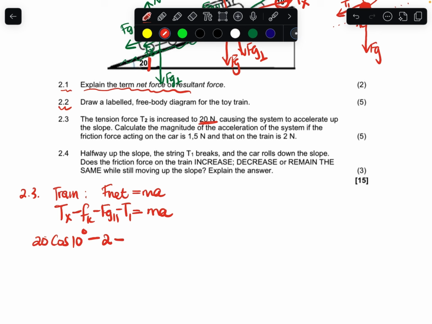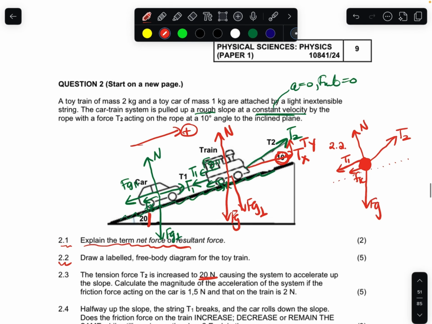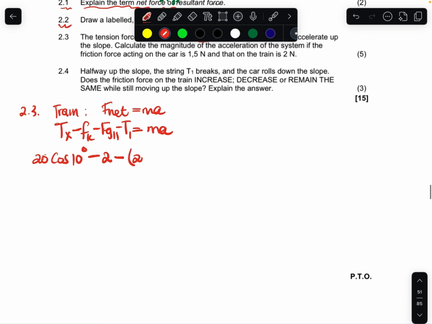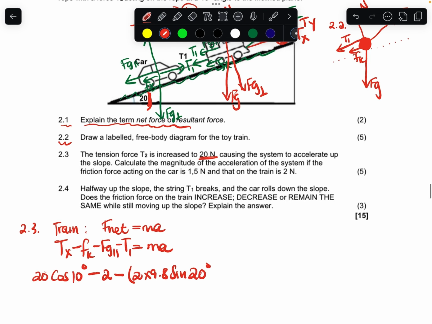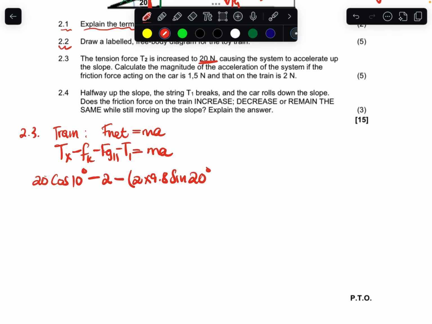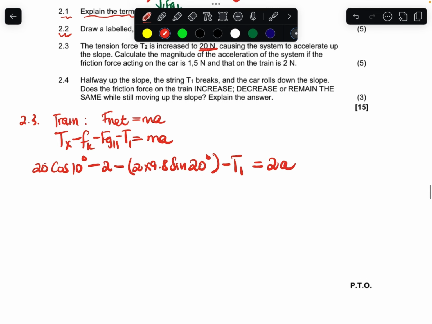The FG parallel is mg sine theta, which is going to be the mass of the train, 2. So it's going to be 2 times 9.8 sine 20. The angle of an incline is 20. We're using that one. Minus T1 is equal to the mass, 2, times A.